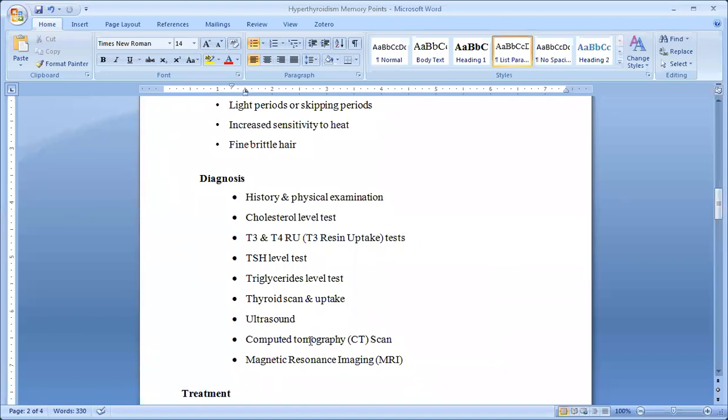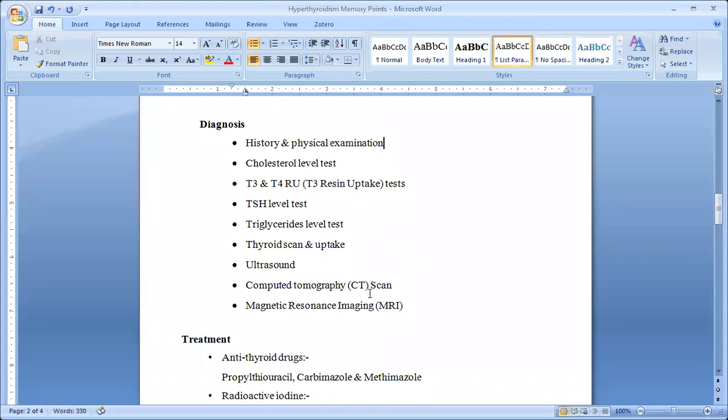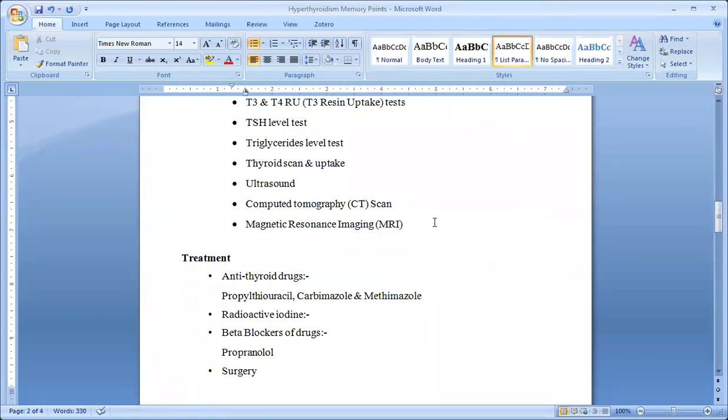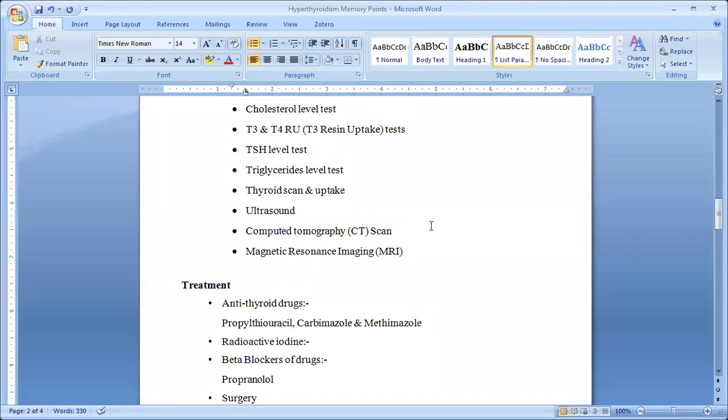By using these diagnostic tests, the doctor can confirm that the individual is suffering from this disease, so that it is easy for the physician to give safe treatment.